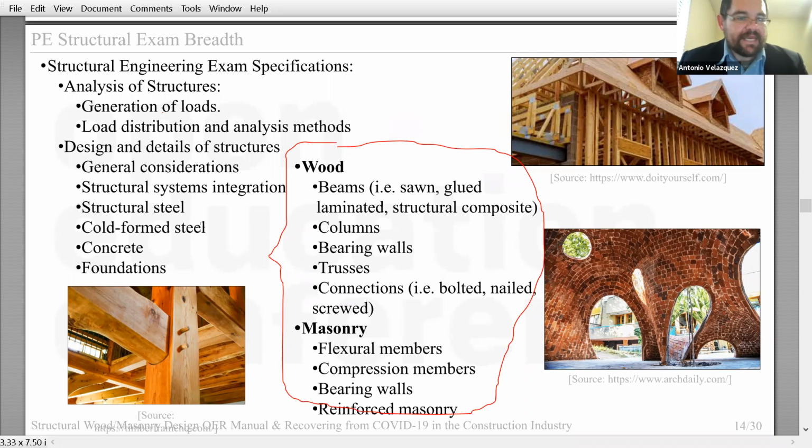Typically, the two most important niches in structural engineering are steel and concrete.